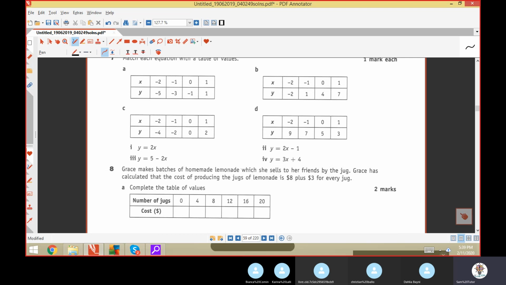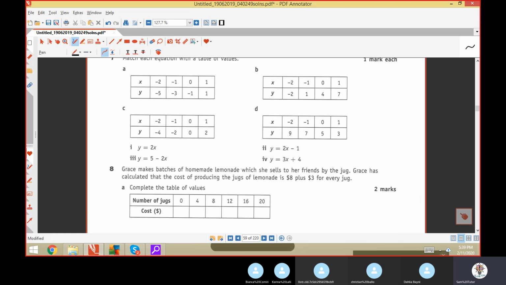Okay. Simple substitution for number 7. You know how to do number 7? This is the formula: H plus 3x for every year, correct?